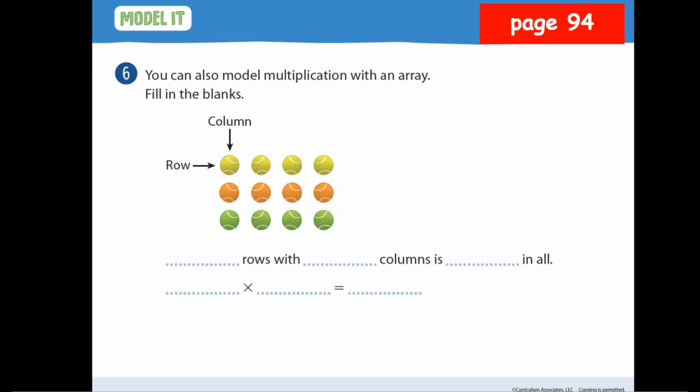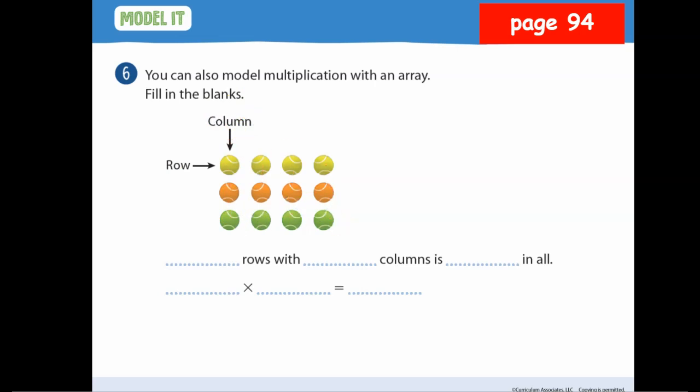Remember that? That's what it is. An array has rows. They go horizontal. And they have columns. They go vertical.